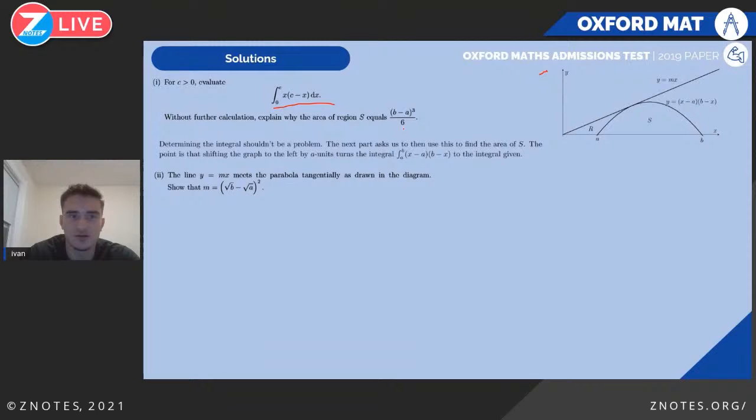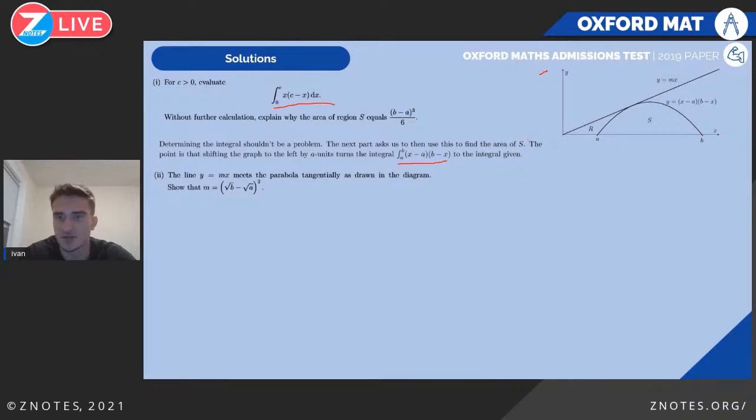I've just allowed you to do the integral. You just expand this, so you get x times c minus x squared, and do it individually. And then the point is that this integral is shifted to the left by a units.